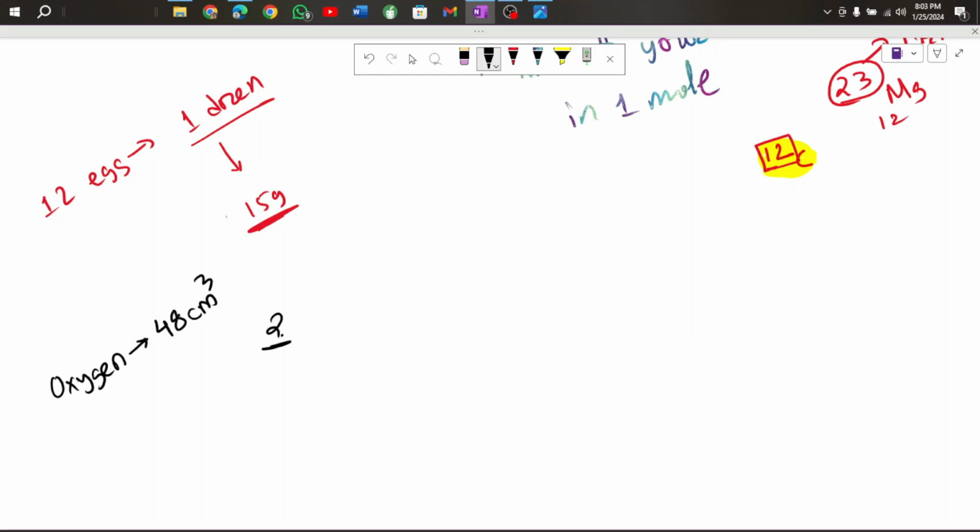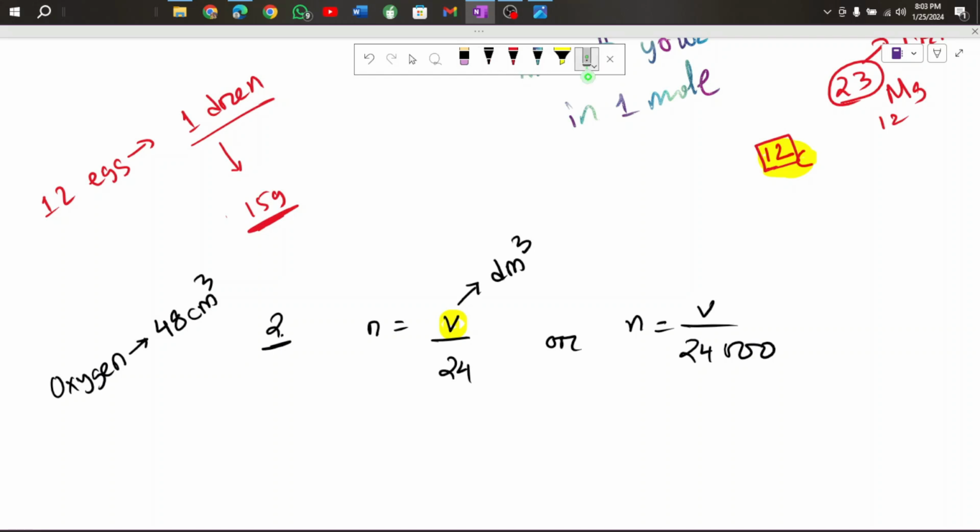So এরকম ক্ষেত্রে কত মোল অক্সিজেন আছে এটা বের করার ফর্মুলা হচ্ছে ভলিউম ওভার 24, or mole equals volume over 24,000. ঠিক আছে? সো ভলিউম ভিটা যদি, মানে তোমার গ্যাসটা কতটুকু ভলিউম অকুপাই করছে সেটা যদি ডিএম কিউবে থাকে, in that case it's going to be divided by 24. যদি সিএম কিউবে থাকে, it's going to be divided by 24,000.